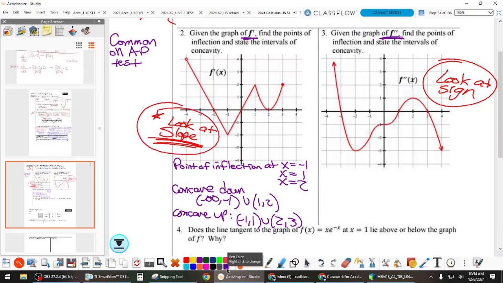How about this one? Points of inflection. x equals negative 3, x equals 1, x equals 2. All right.